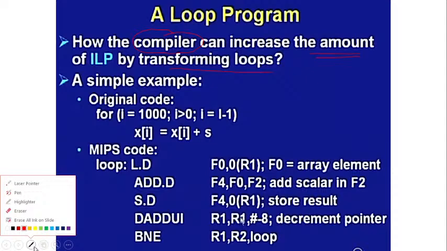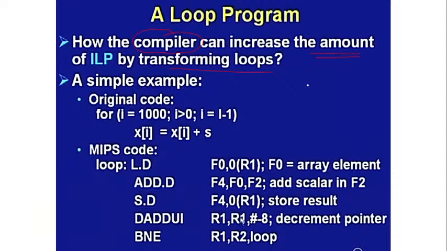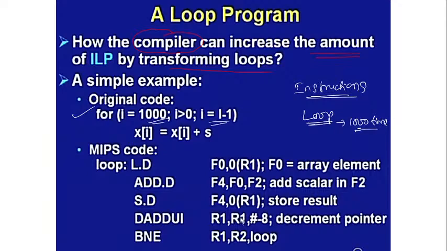But if the instructions are in a loop, it executes till the condition is satisfied, like here this particular instruction loops 1000 times. The same instructions will repeat the execution.